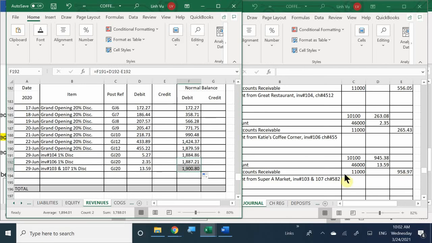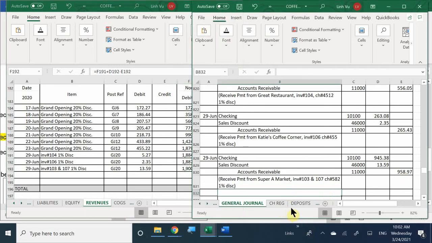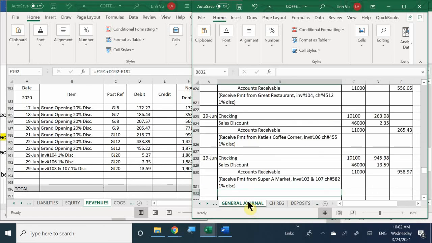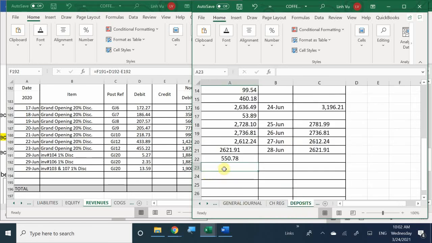Okay. Last but not least, let's go ahead and record those checks. So we forgot to do Katie's. So what was Katie's check again? 62308.